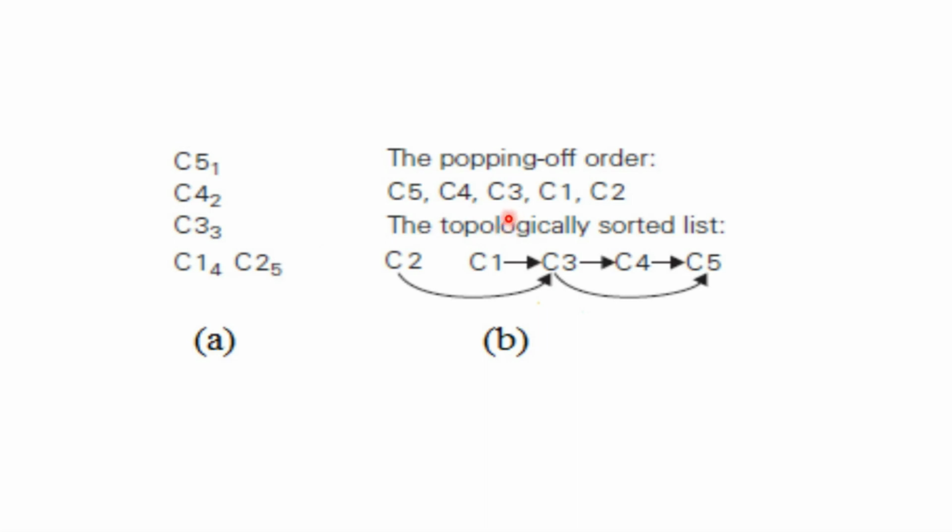Now in order to get the topological sorted list, we need to reverse this order. So first we have C2, then C1, then C3, then C4 and then C5. So in order to study course C3, we know that C2 and C1 have been completed. In order to take course C4, C3 has been completed. In order to complete course C5, C4 as well as C3 have to be completed.